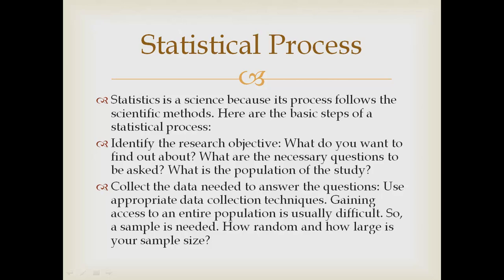But when you're getting a sample, you have to consider how random the sample will be. You don't just go and get a sample from one area. You have to randomize the sample, and also consider how large the sample size is. We usually consider a large sample size.